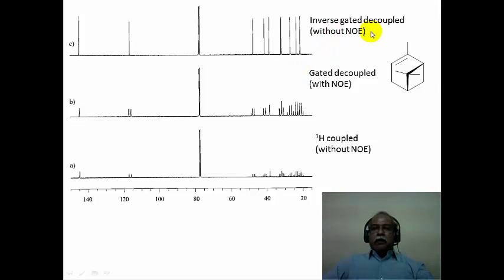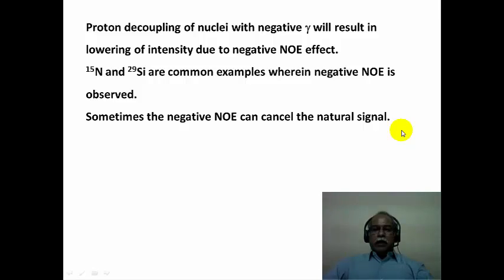So the inverse gated decoupled spectrum is useful for quantification of the carbon-13 intensities, whereas the gated NOE spectrum is useful to observe the NOE effect simultaneously with the coupling information. And of course the broadband decoupling essentially gives you the NOE effect and the completely decoupled spectrum of the carbon-13. So these are the various modes in which the carbon-13 spectra can be accumulated.